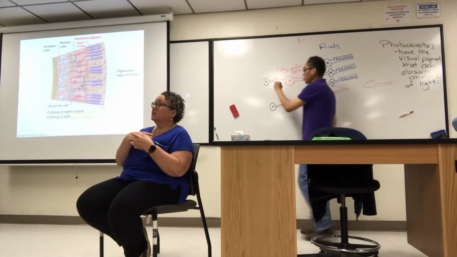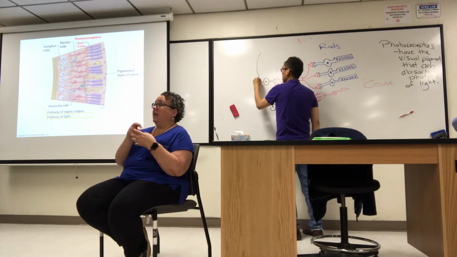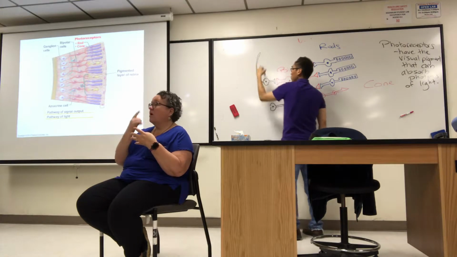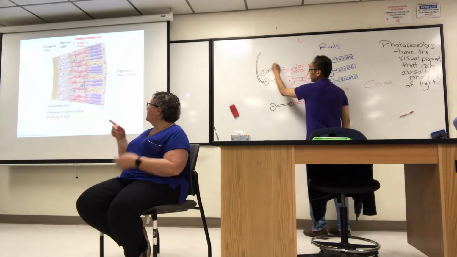So there's a fiber from the ganglion cells. They draw that, we'll draw it that way too. These are the ganglion cells in black.